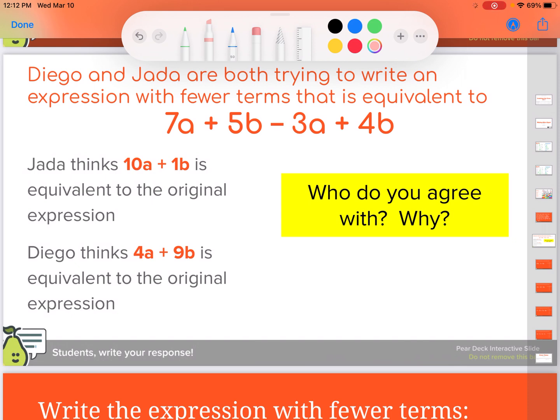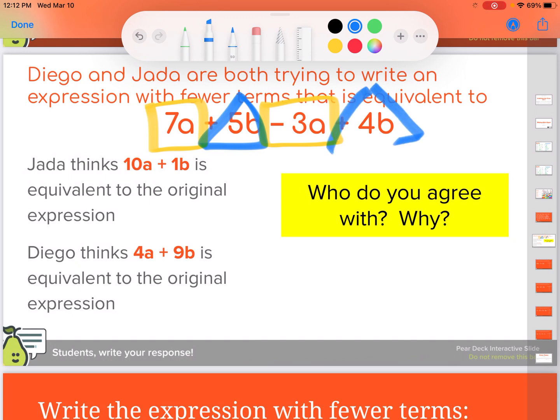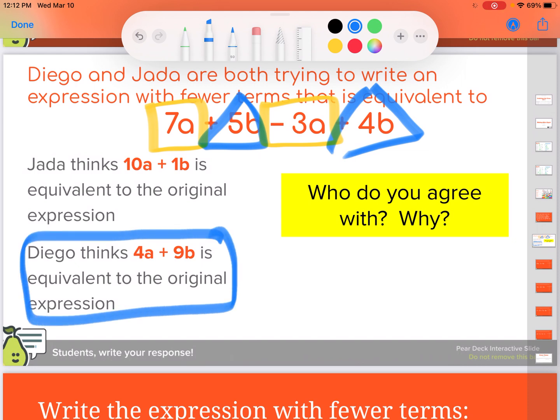Well, I know we've been working on like terms, so that's a like term, and that's a like term. Like term, like term. So I'm thinking it's going to be Diego. And I agree because he put the terms together. So he put the letters together.